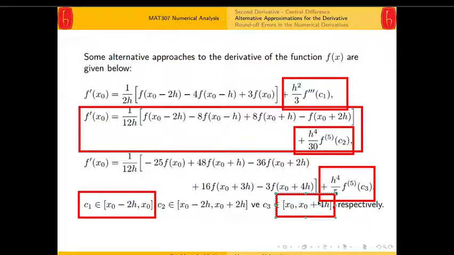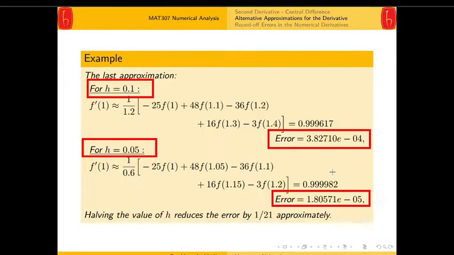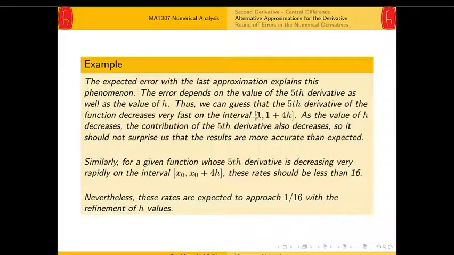If we don't see 1 over 16 here, it seems like there is something going on with the fifth derivative. If this is not doing what it's supposed to do, there must be something happening with this fifth derivative. So this explanation says the error depends on the value of the fifth derivative as well as the value of h.